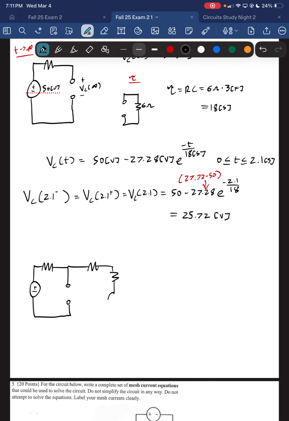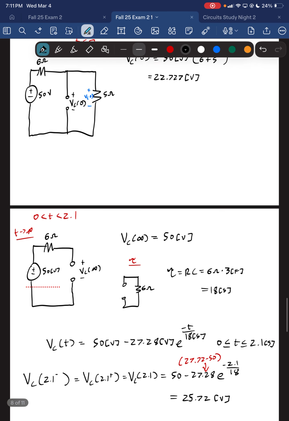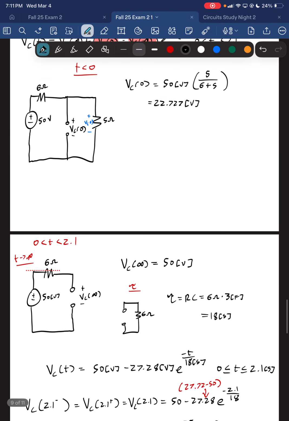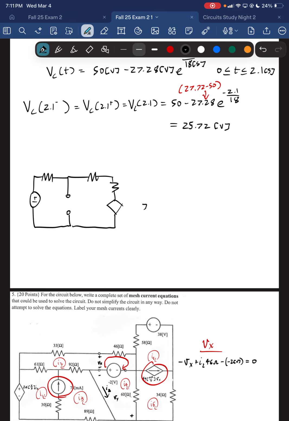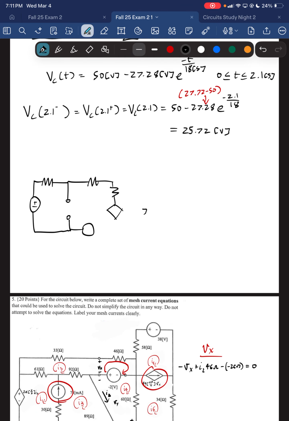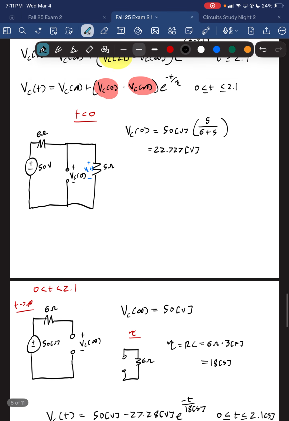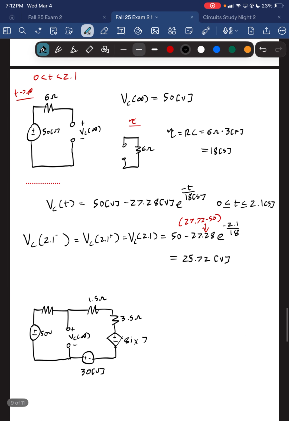Resistor. 30 volts. 3.5 ohms, 1.5 ohms, 50 volts plus minus VC of infinity, and that is 6 ohms.